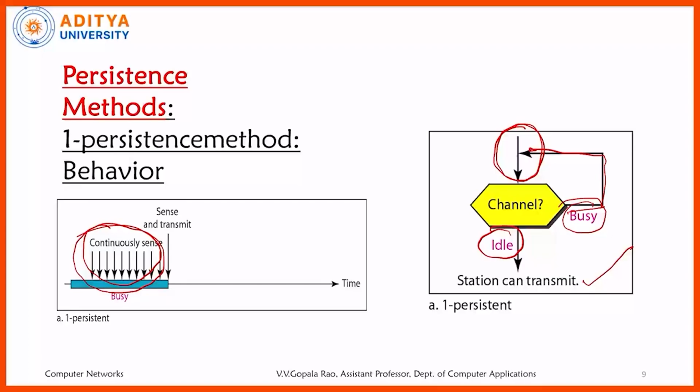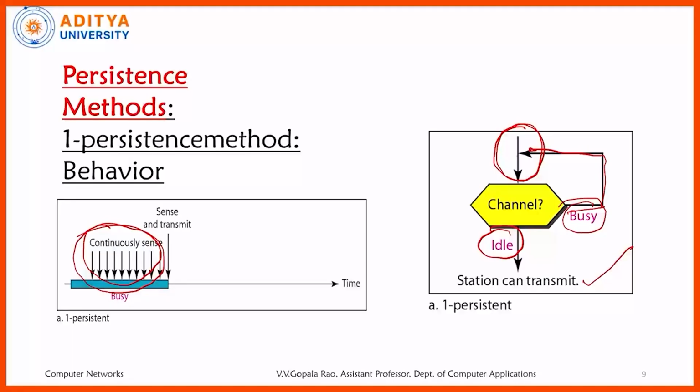But here the possibility of collision is very high, because you are continuously sensing, and once you find the channel idle, the moment you start the process, another station may also put its data, so they may collide because of propagation delay.